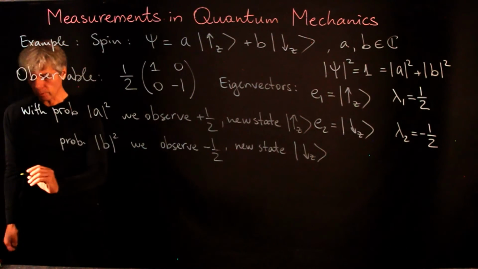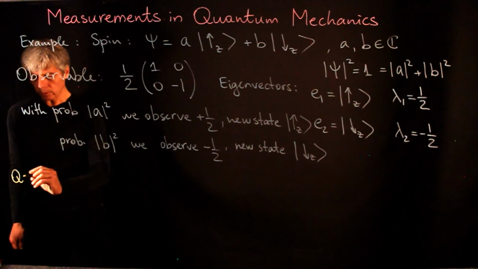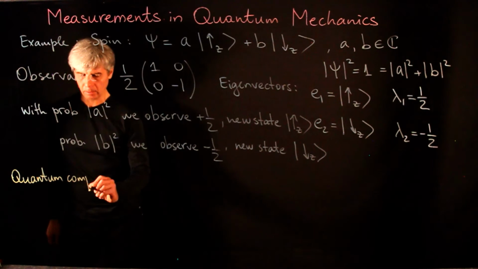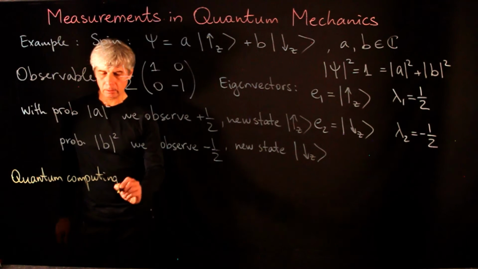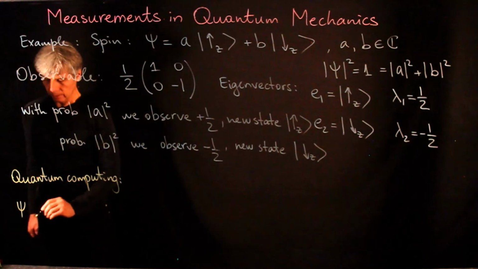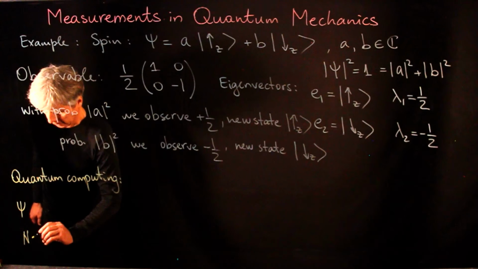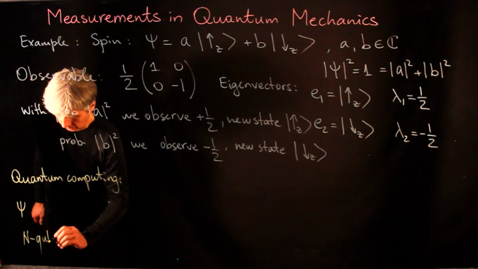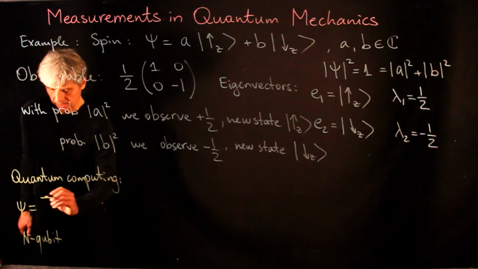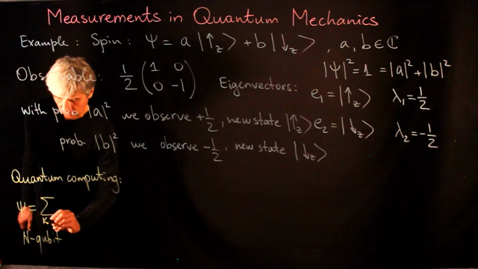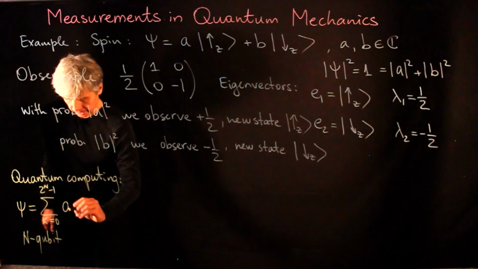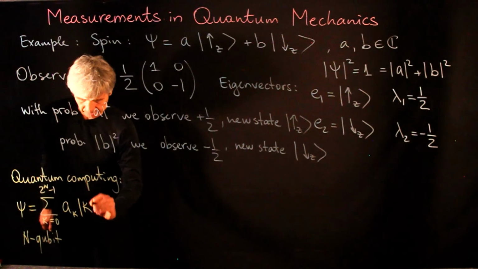Now, for quantum computing, we really only need one observable. So recall that we have a state of n qubits. Then this state can be written as the sum, k goes from 0 to 2 to the n minus 1, of ak times the state k.